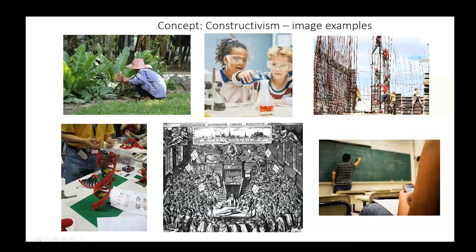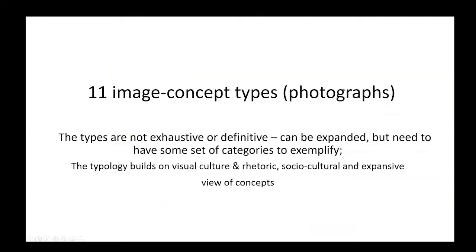So now I will move on to talk further about these different ways of representing this image and how we actually came up with, or how I devised, these different categories to illustrate these different aspects. So I will be talking about 11 image concept types, and I will be illustrating them through photographs.